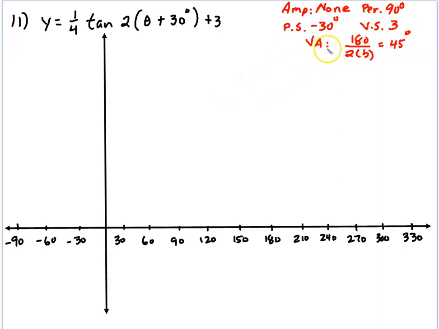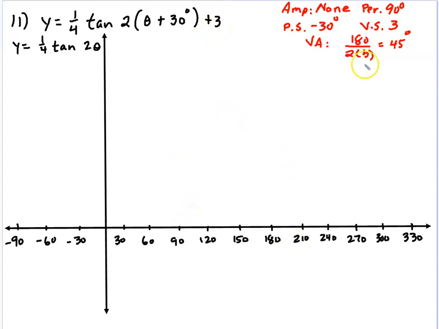And so the vertical asymptotes are going to be, I'm going to treat this as though we are doing the graph of just this function. Okay, so let's just take a look at a review of what this function looked like in our previous lesson, and then we'll show how everything gets shifted to the left 30 degrees and up 3.